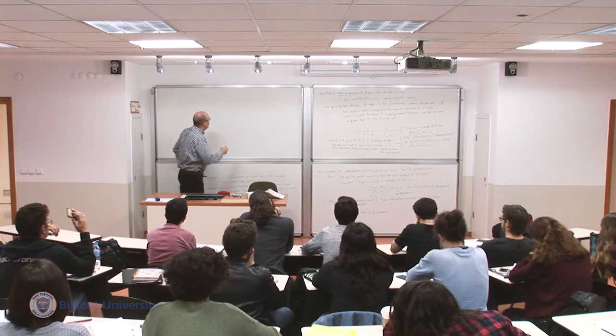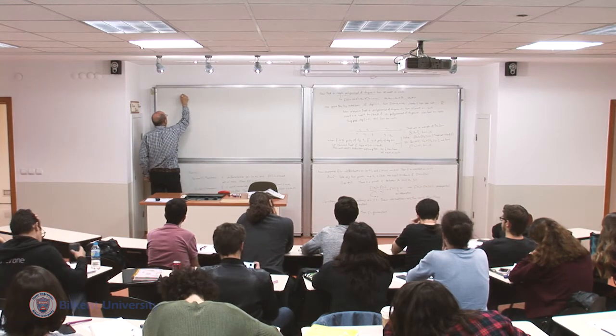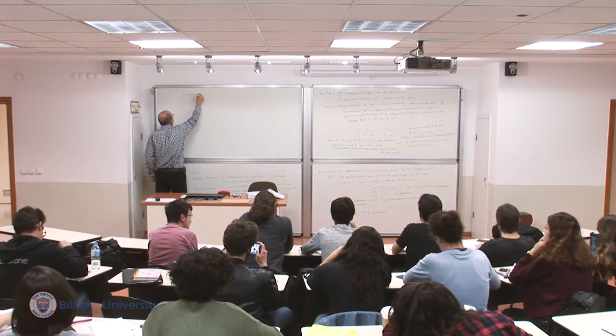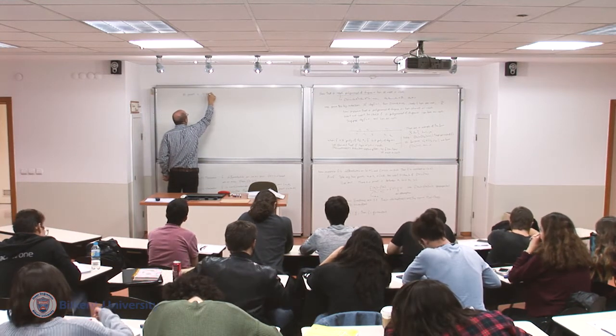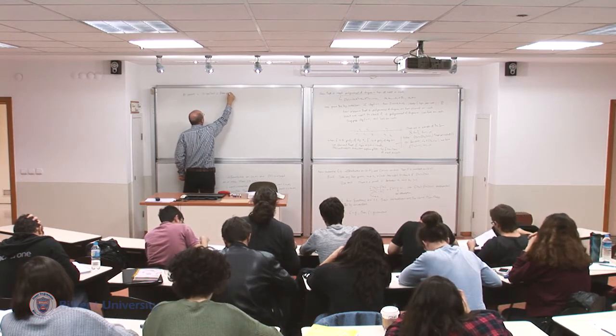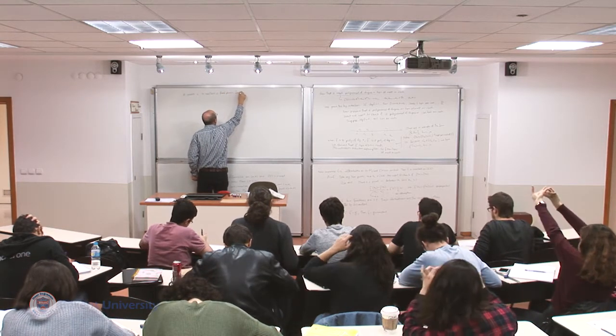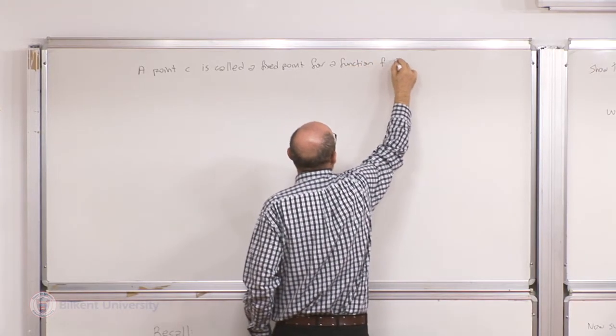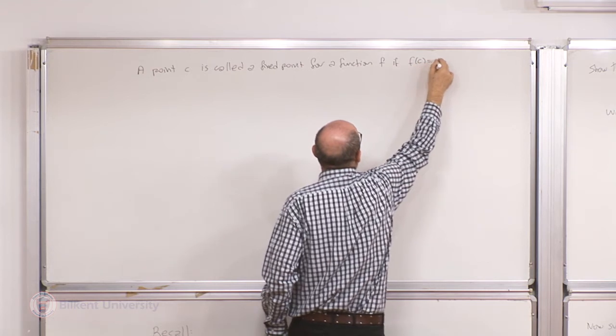A point c is called a fixed point for a function f if f of c is equal to c.